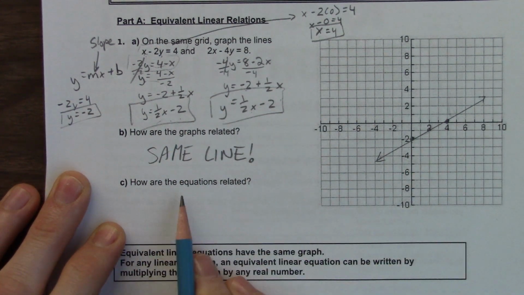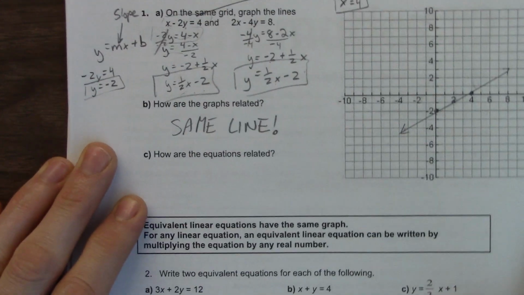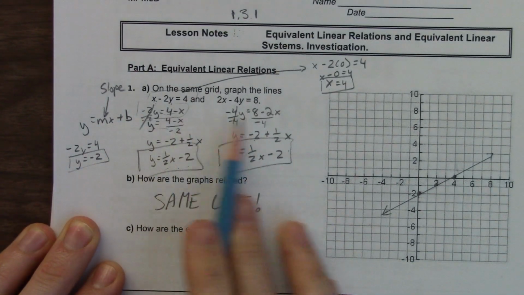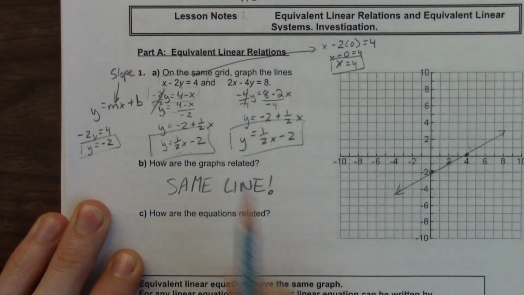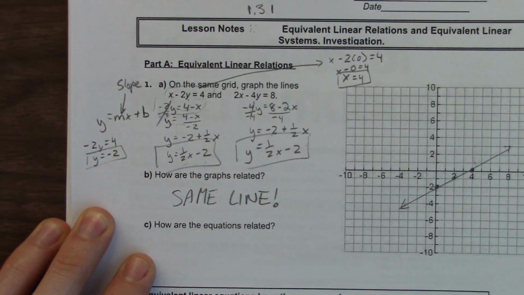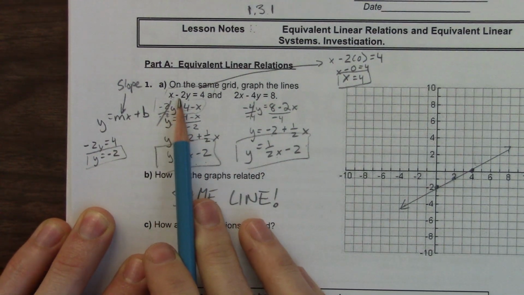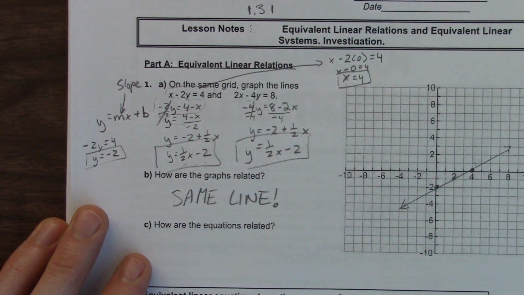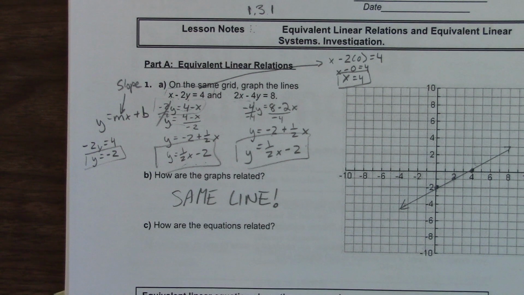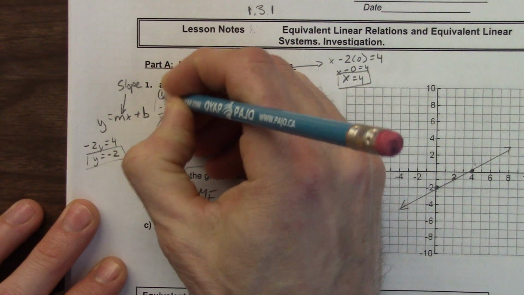Yes, thank you. How are the equations related? So how are these two equations related? So we know that once we reduce them, they're the same. But how, before we reduced them, these two equations, how were they related? Yeah? So Ethan, you asked how it was related? You just divide it by 2, you can see that they're the same.